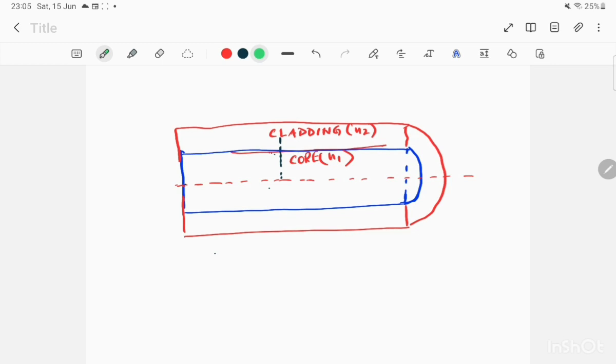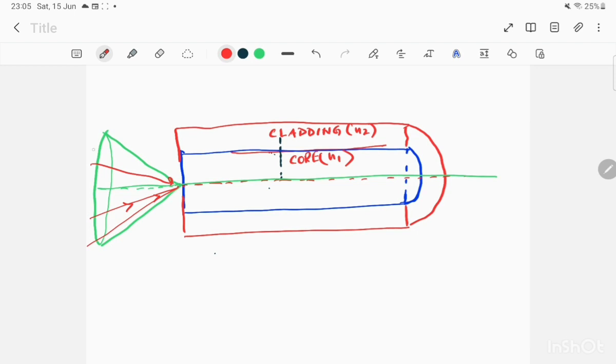So all the rays of light which are falling here are not successful in transmitting the information. It is very much okay to say that around this axis of the core there is an imaginary cone. If a ray of light is incident within this cone at the air core interface, then the rays of light moving inside the core will definitely go through total internal reflection.